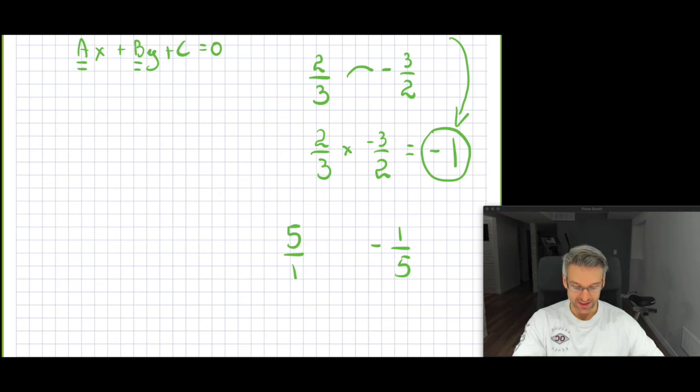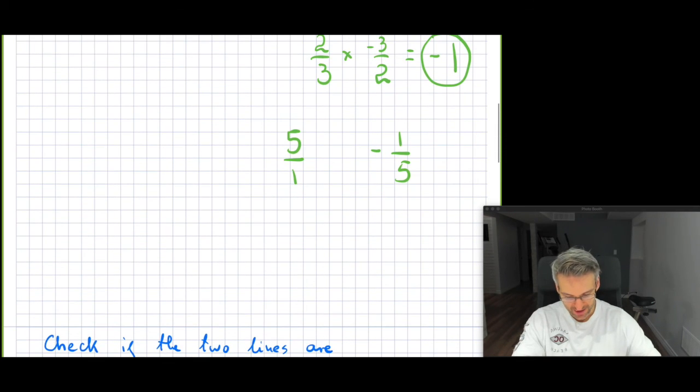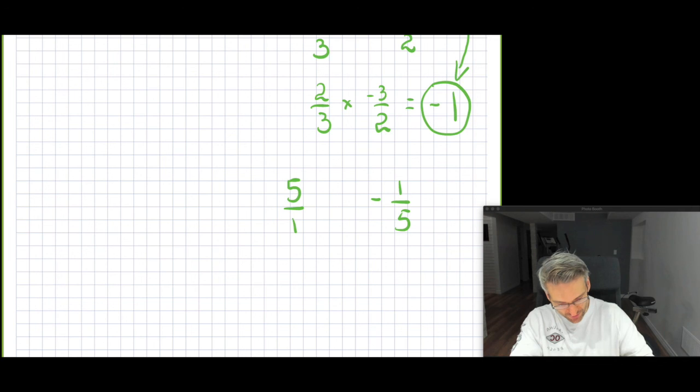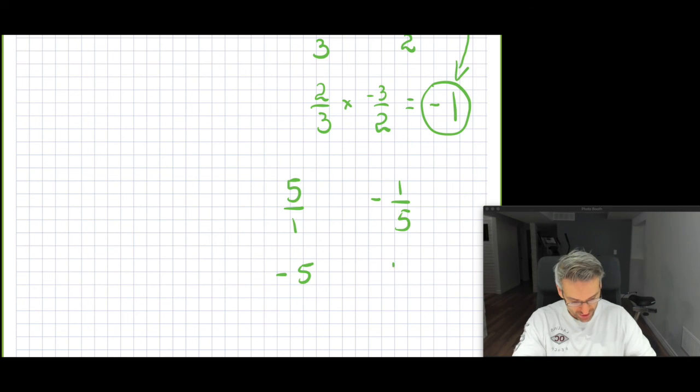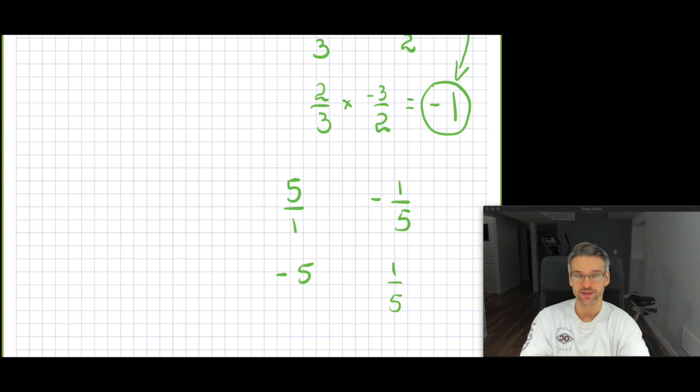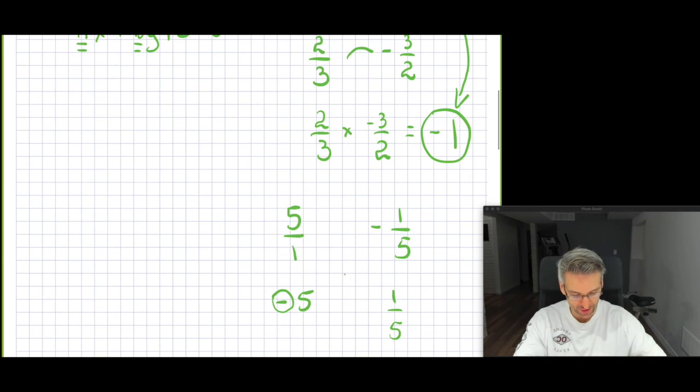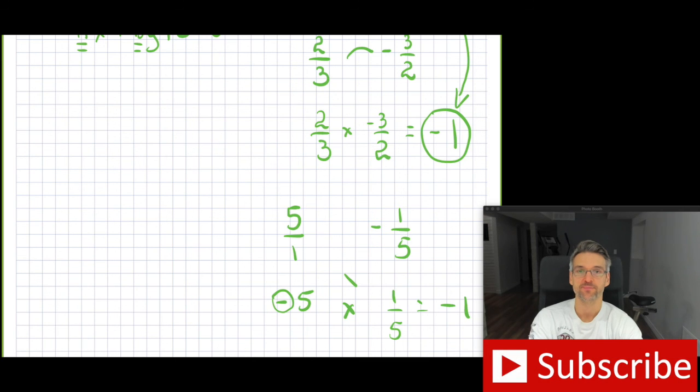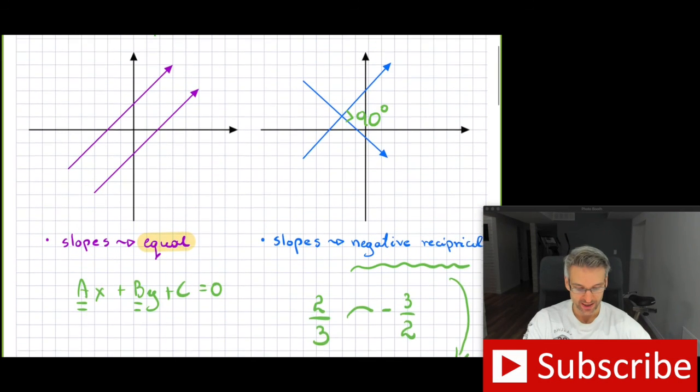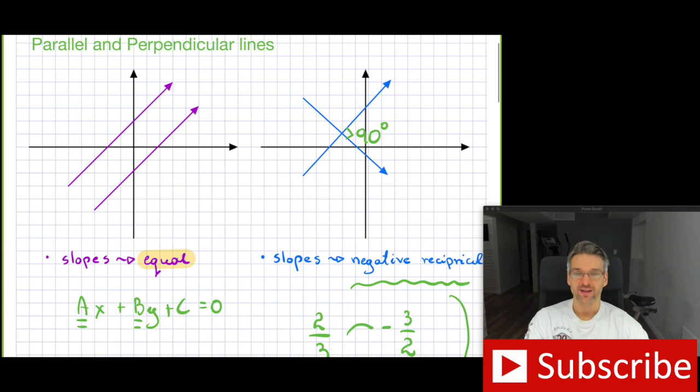If the number is positive, for instance, if you have -5, then the negative reciprocal is 1 over 5, but it is not negative anymore, right? Because the negative is right here. So that's what you have. And again, if you multiply these through, you're going to get -1. So that's how you can check if lines are parallel and perpendicular.